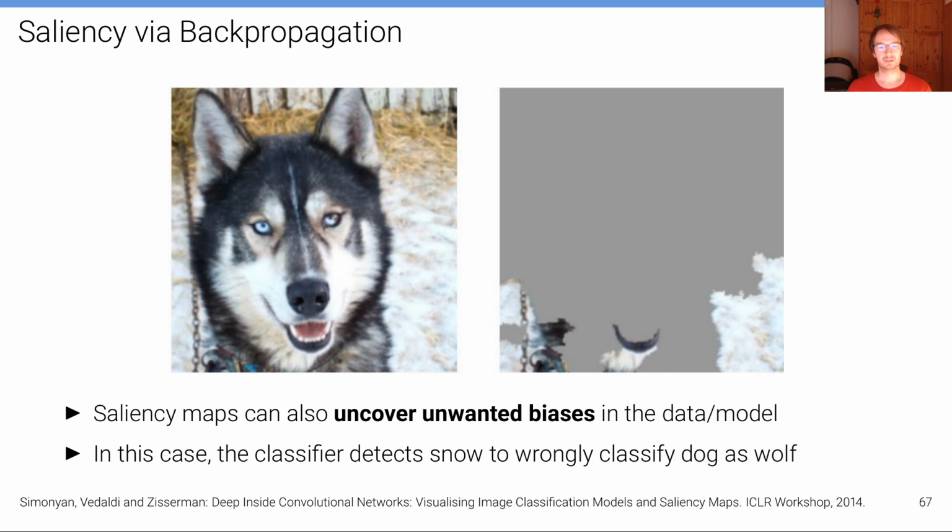Saliency maps can also help to uncover unwanted biases in the data or the model. In this case, for instance, something unexpected happened. This is an image of a husky, which is a dog, that has been wrongly classified by the neural network as a wolf. And if you visualize the saliency for this particular image, you will find that the network actually was not looking at the object at all, but it was looking at the background.